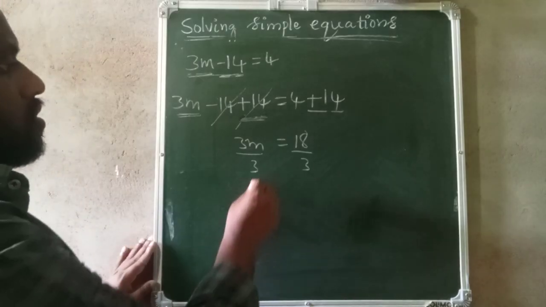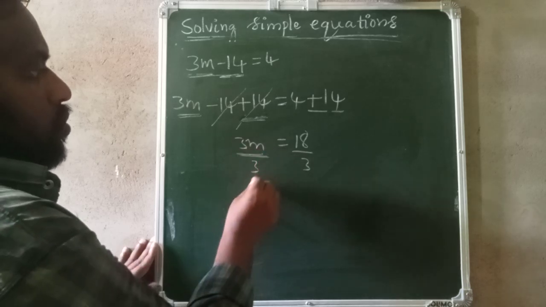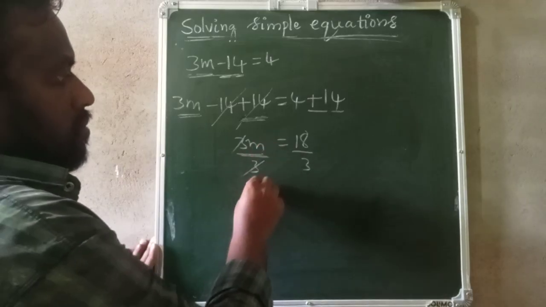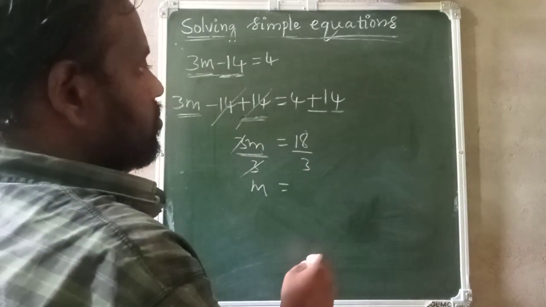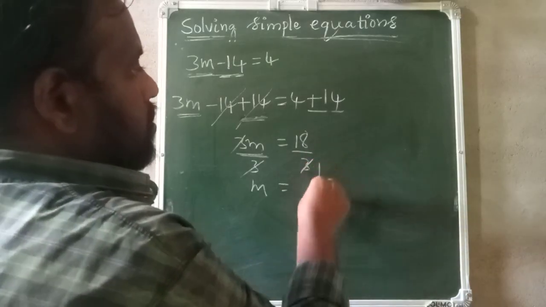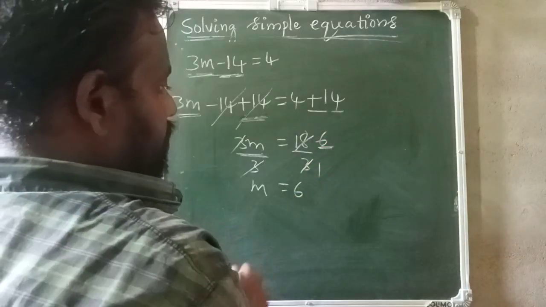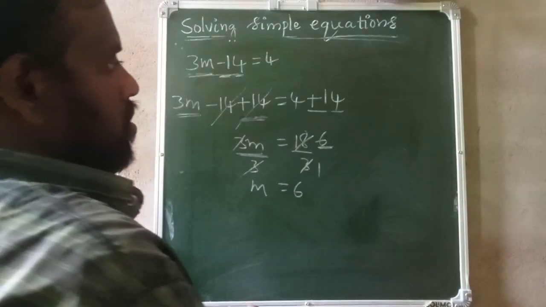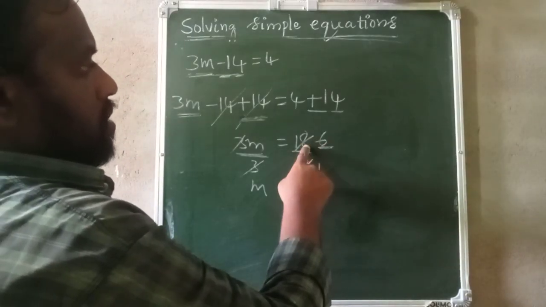Okay. Now see, here also 3, here also 3, and it is division. So we can cancel 3. Next, what is left? m is equal to, next, so 18 by 3. That means divide this 18 by 3. 3 ones are 3, 3 sixes are 18, right?